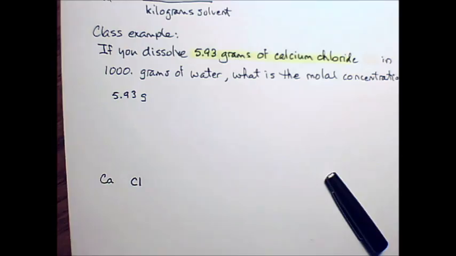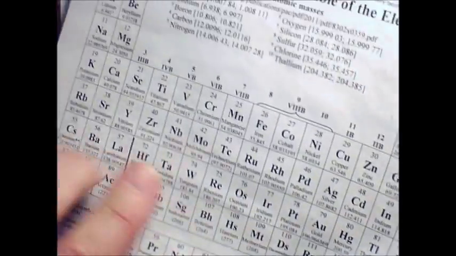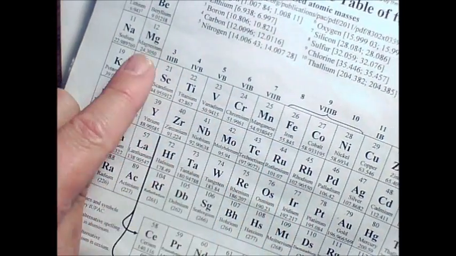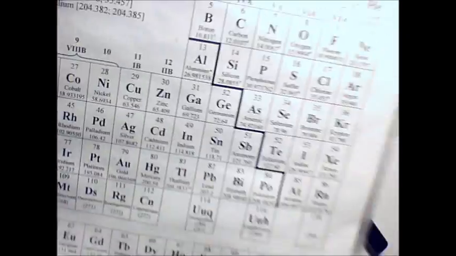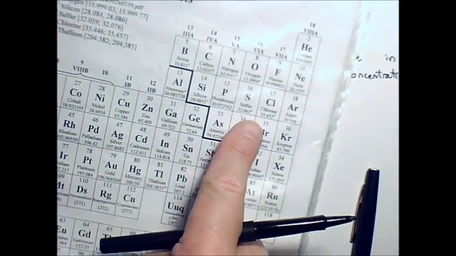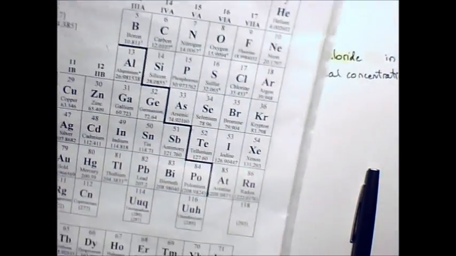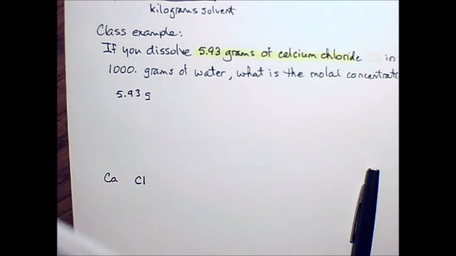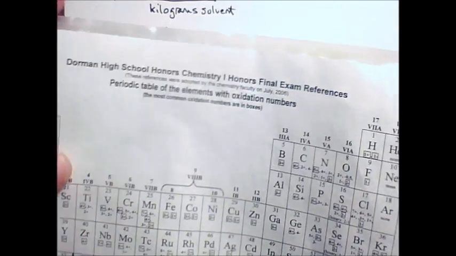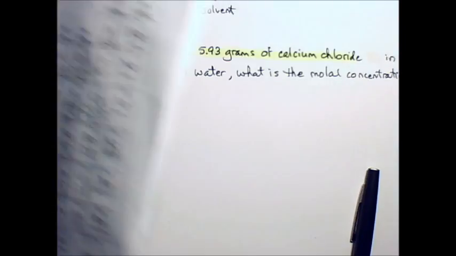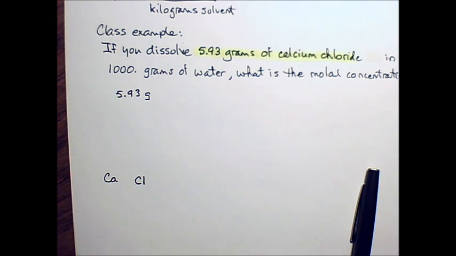Calcium is a metal. It's on this side of the periodic table. Chlorine is over on this side of the periodic table. It's a nonmetal. That's one of two categories that we say is an ionic compound. So these particles will be charged. So we go to the periodic table with the oxidation numbers and find the charges for calcium and chlorine.